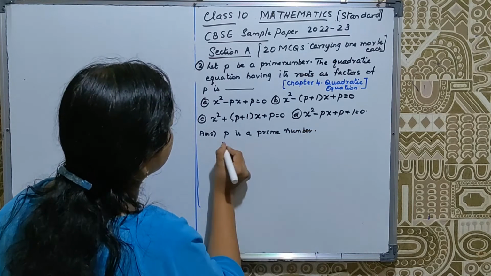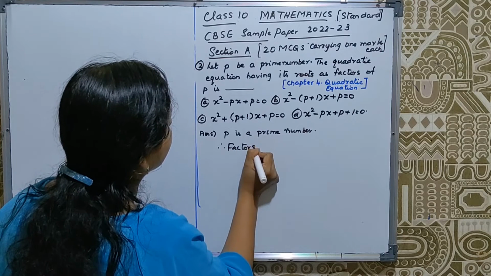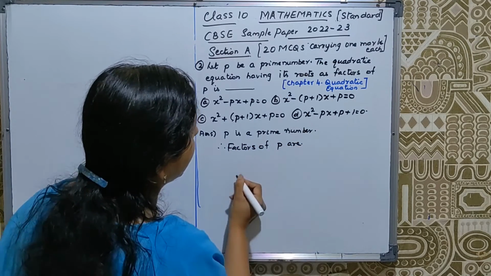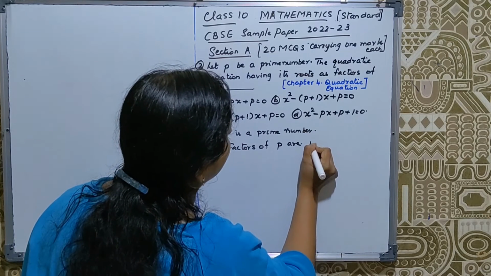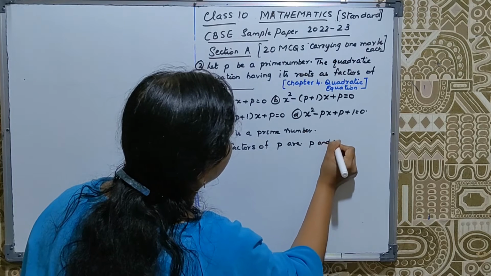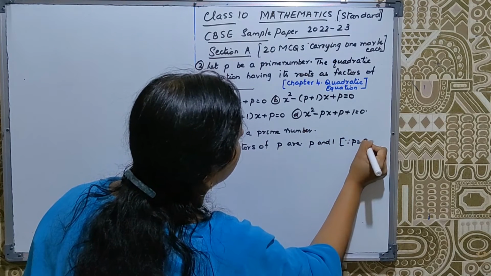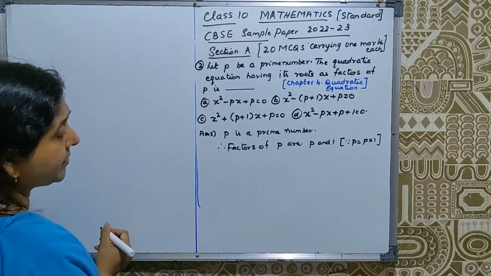If P is a prime number, therefore the factors of P are P into 1 actually, so P and 1, because P equals P into 1. So factors of P are P and 1.